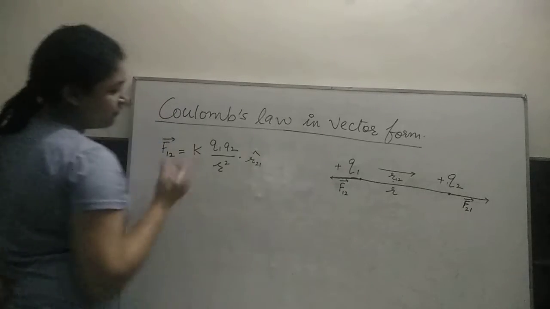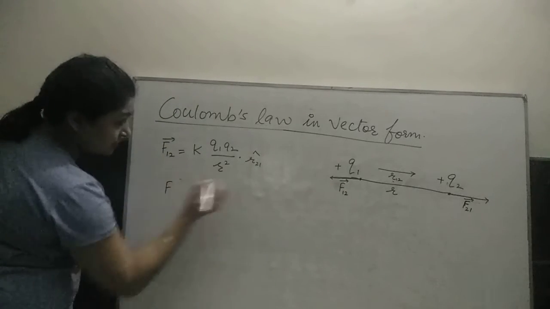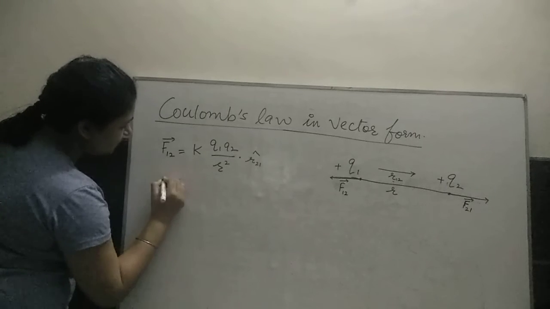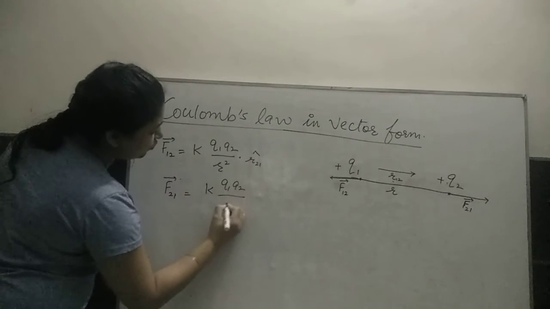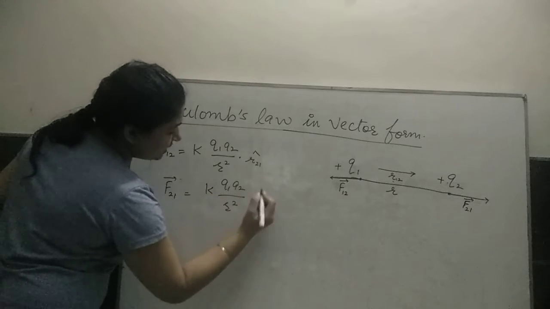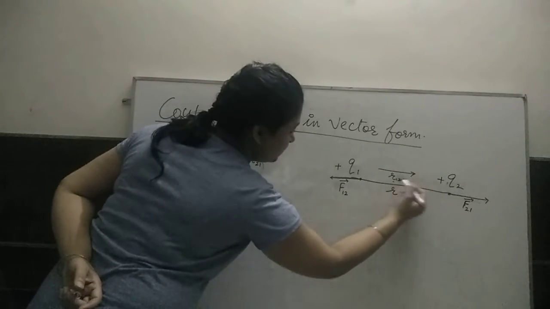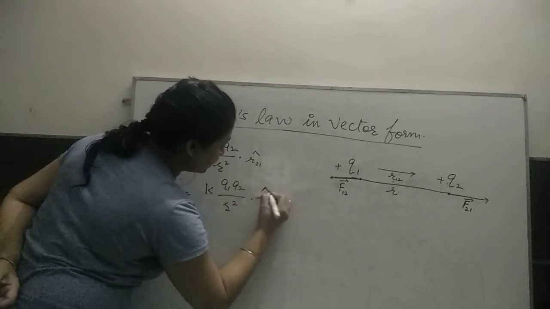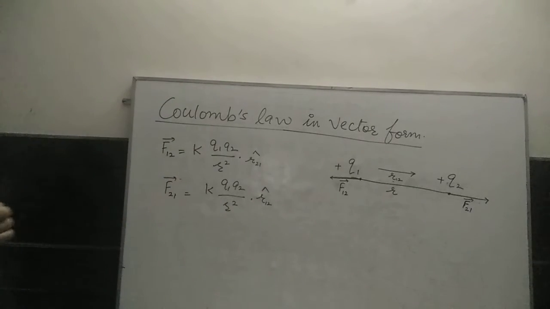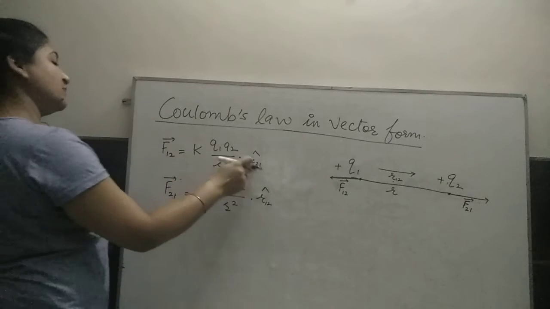of this particular force. And let us write the second force, F21 equals K Q1 Q2 over R square, and the direction is what? This is in the direction of this particular R12. So I am simply writing this direction along with this cap R12. So this force is in the direction of R12 and this force is opposite to R12.